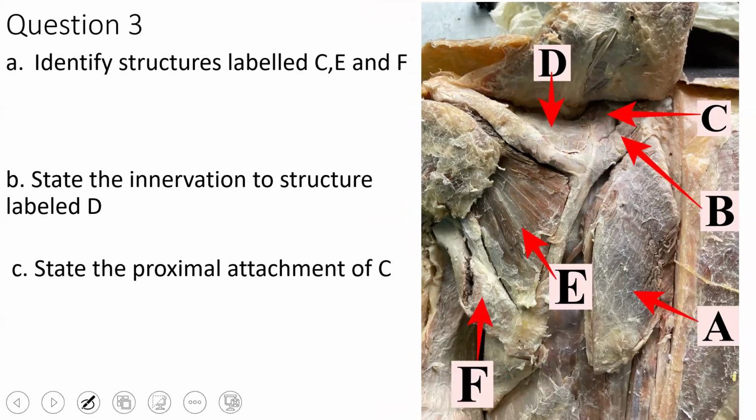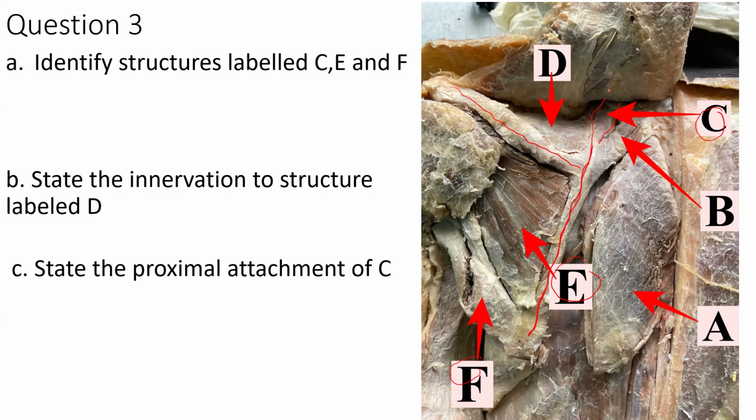Now, onto the third question, still testing your knowledge of the back, but this time we are discussing the extrinsic muscles of the back. You've been asked to identify the structures C, E, and F. I'm sure by now you can tell that this is the medial boundary of the scapula. You can see the scapular spine over there. C is attached at the superior angle of the scapula, and that muscle is the levator scapulae.